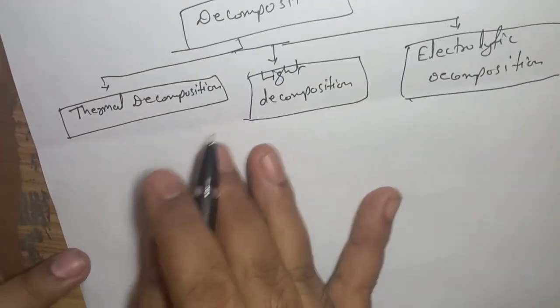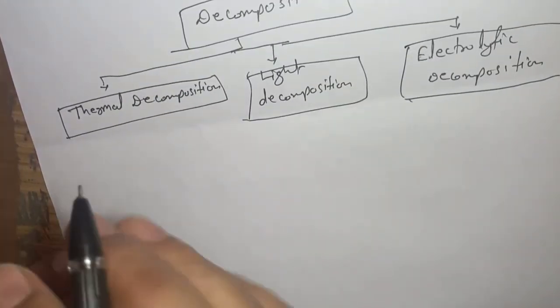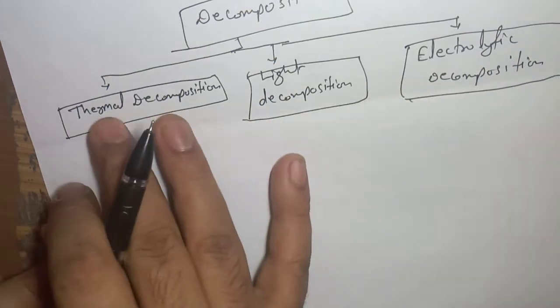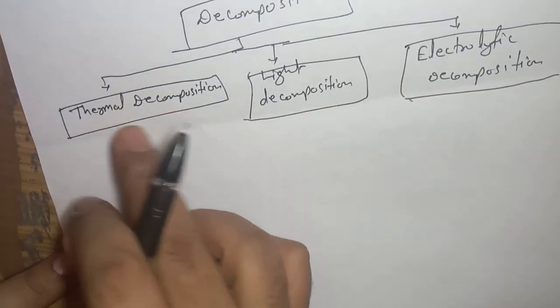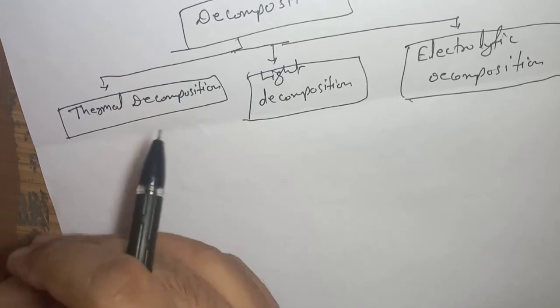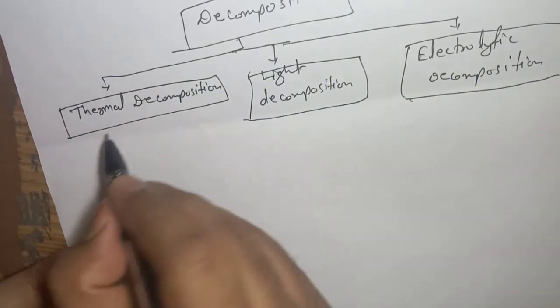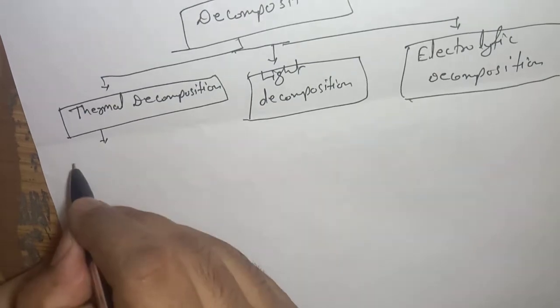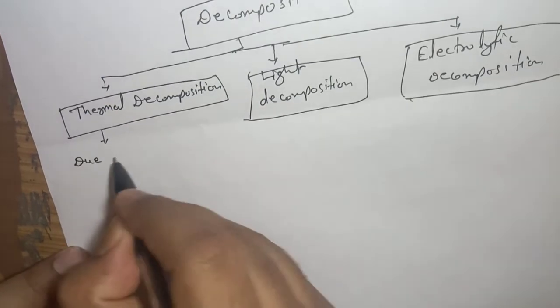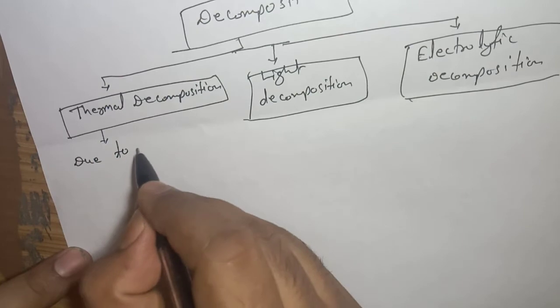So here, why is decomposition of three types? Because the cause, or you can say the energy source, is different. Thermal decomposition is due to heat.